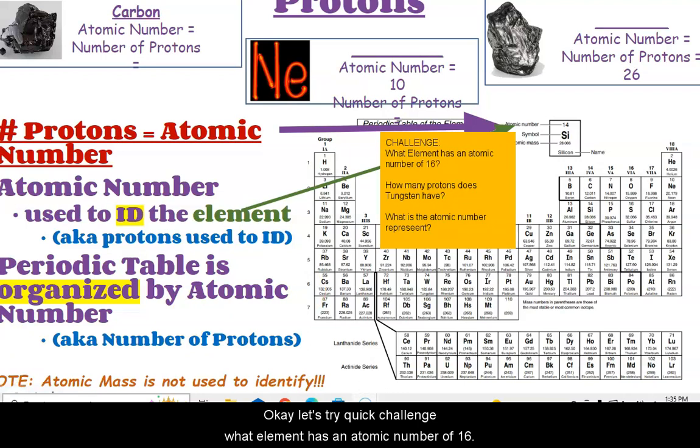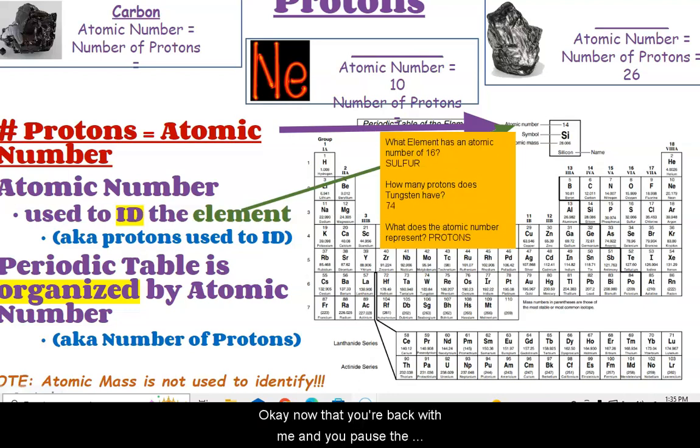Okay, let's try a quick challenge. What element has an atomic number of 16? How many protons does tungsten have? And what does the atomic number represent? Quick, pause this video, write down the answers, discuss with your neighbor, and let's see if you're right.